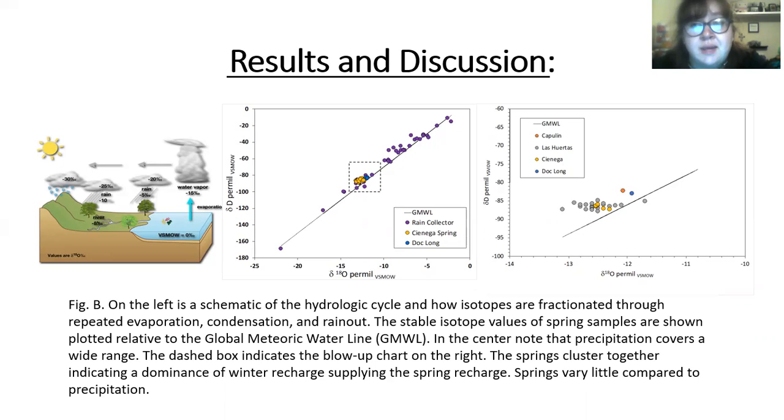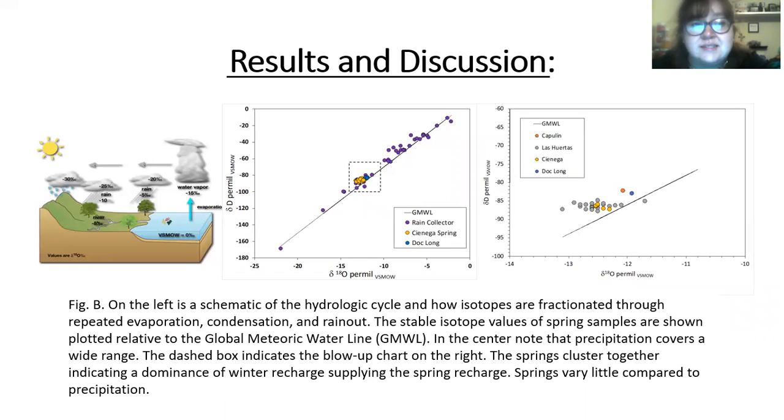Finally, in our middle graph here, we are looking at the stable isotopes of the Cienega rain collector. We had a woman who had collected samples there, and not only had she collected rain, but she also had some snow samples, which we see on the far left at the bottom.